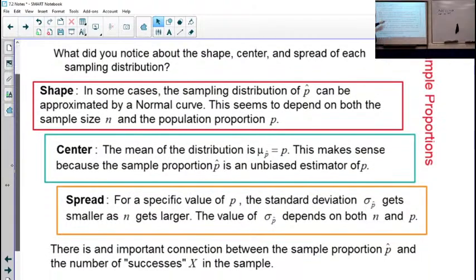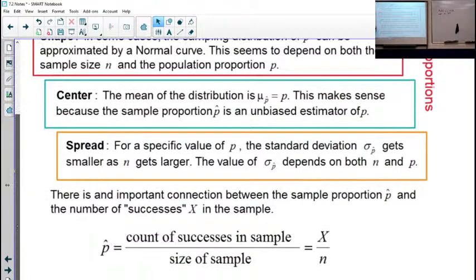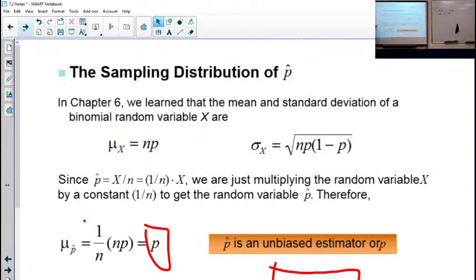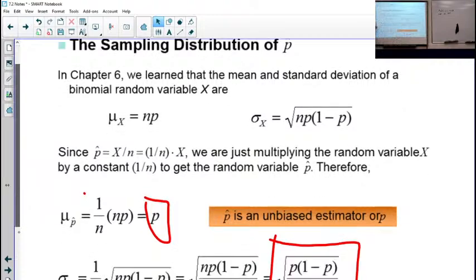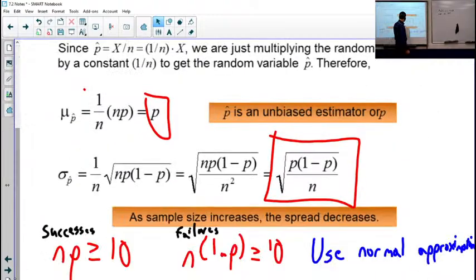Shape is going to start to look like a normal distribution. Center, it should be centered at the proportion. And then our spread depends on our sample size. And so we take these formulas for binomial, divide them by n, and these are our formulas for proportions.